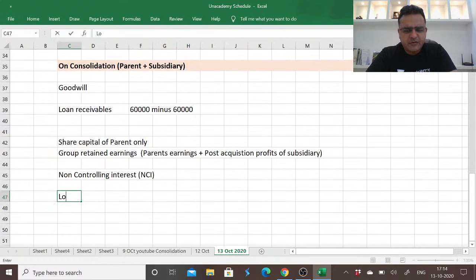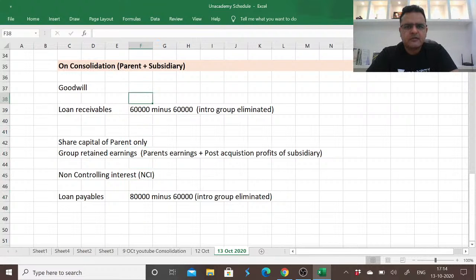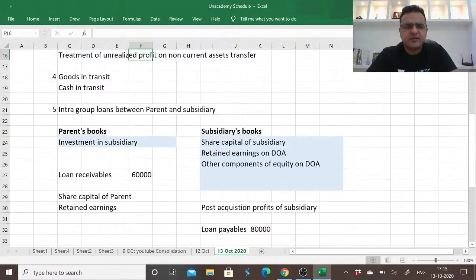On the payable side, loan payables, if it is 80,000 and intra-group is only 60,000, we'll eliminate the intra-group transaction. This is how intra-group transactions are eliminated.